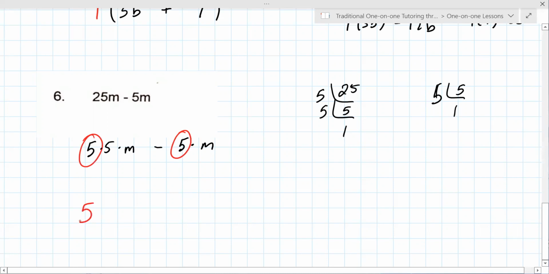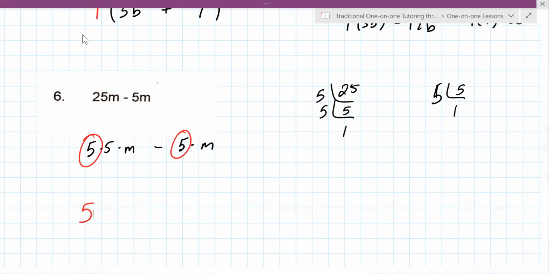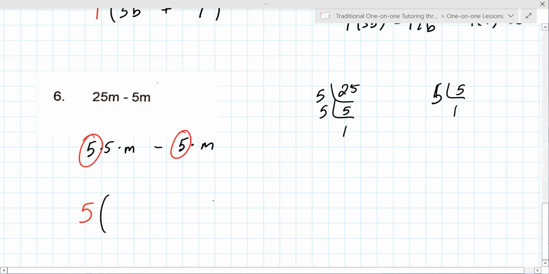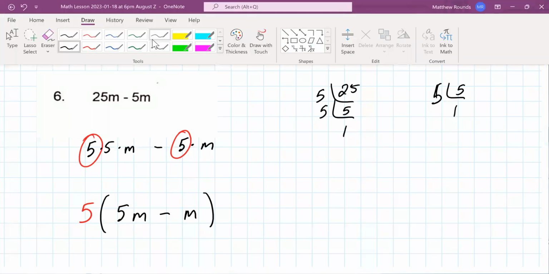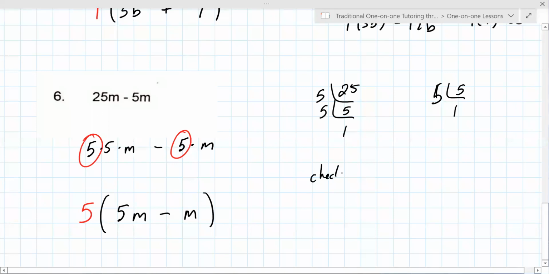So 5 on the outside, parentheses, 5m minus m on the inside. And then your check, very important. Your teacher's very big on the check, right? 5 times 5m equals 25m, and 5 times, well, this is where we're going to be a little careful here.